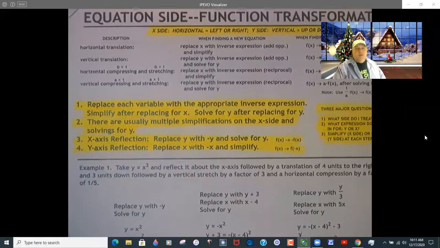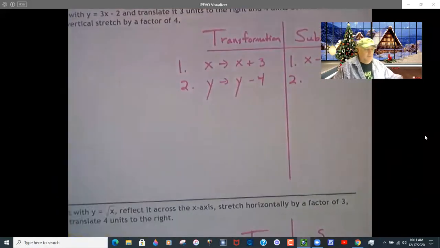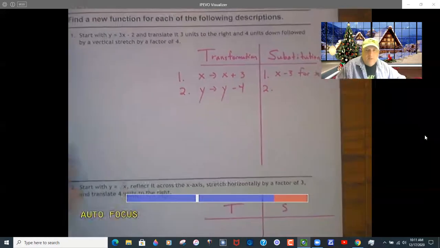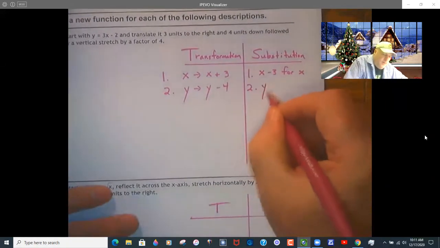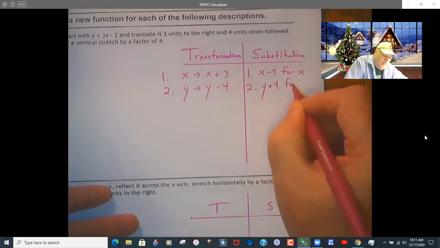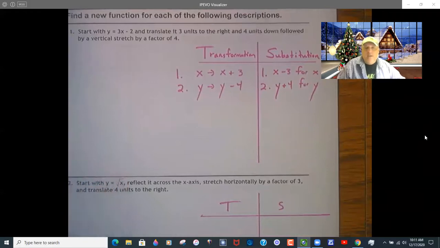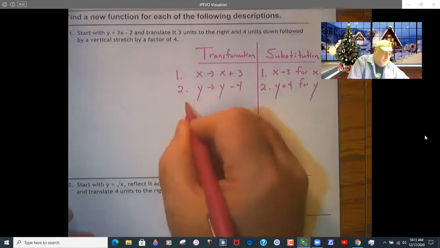It does a very good job of explaining all that different vocabulary. So this is going to be y plus 4 for y. And each time you substitute in for y, you have to solve for y.